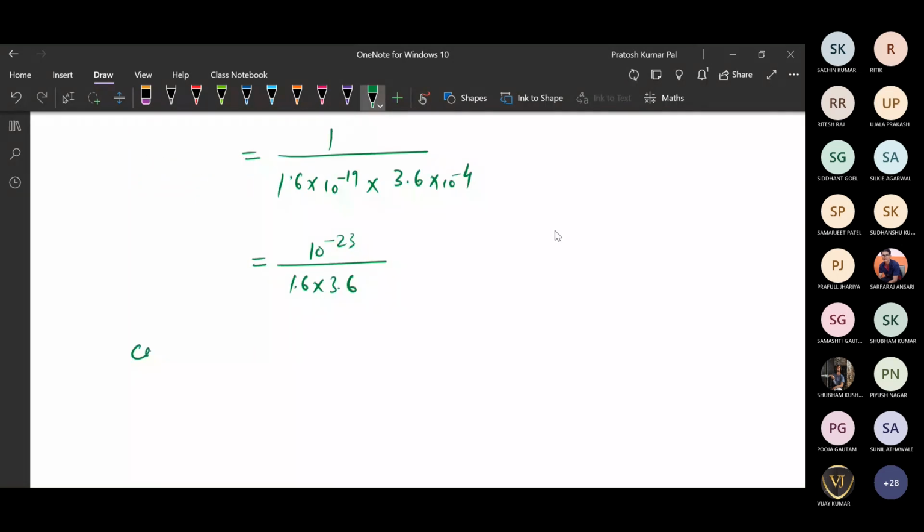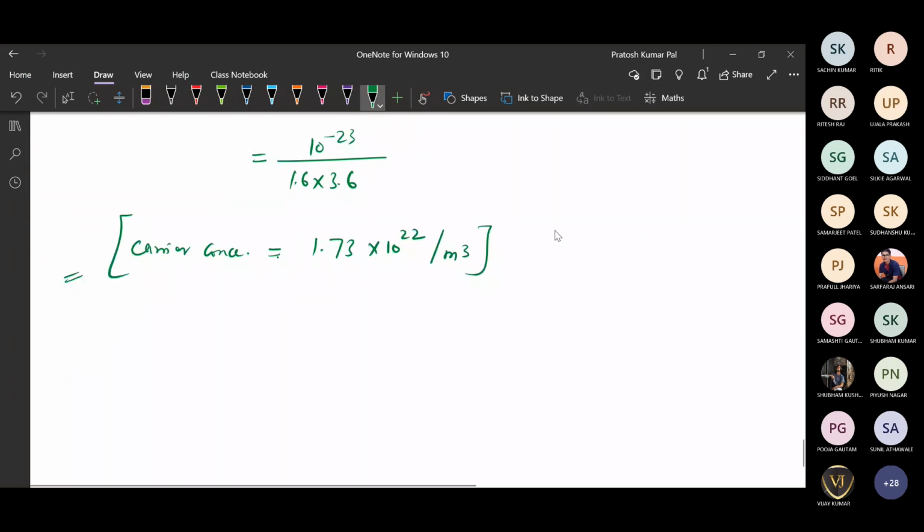So the carrier concentration is coming out to be 1.73 into 10 to the power 23 per meter cube. Okay. So this is how we conclude: we use different relations between the Hall coefficient and carrier concentration, and we can find out the mobility and the carrier concentration.